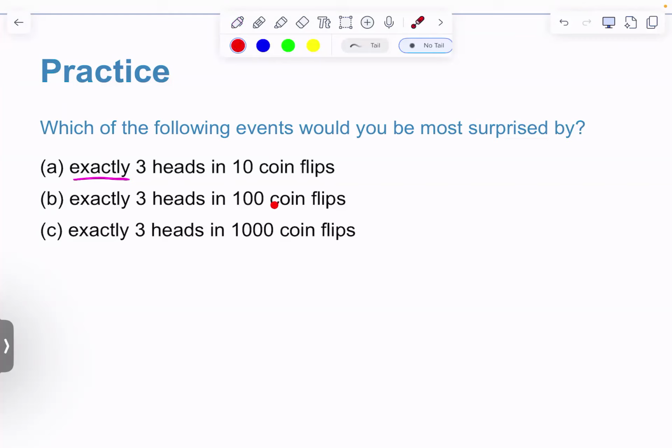Exactly 3 heads in 100 coin flips, maybe now you're starting to wonder what's going on. Is this a weighted coin? But then, of course, the one you would be most surprised by should be exactly 3 heads in 1,000 coin flips. So just to get an idea of how things change depending on the number of trials that you have.